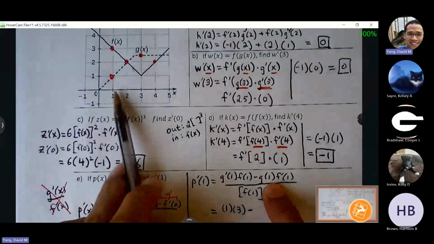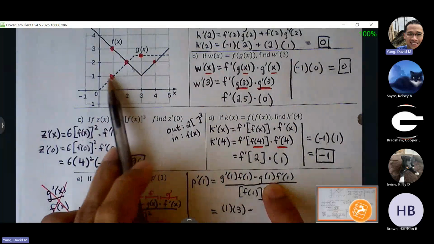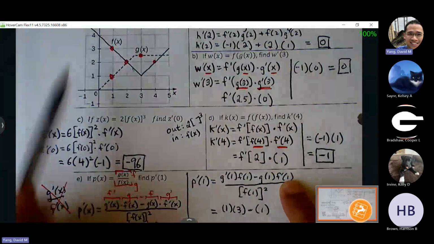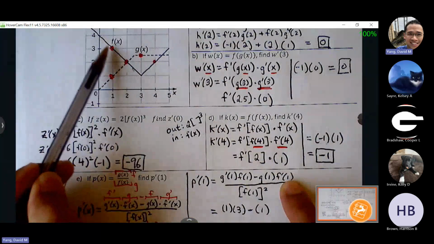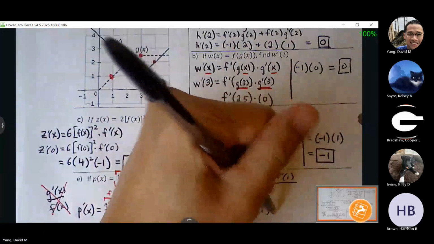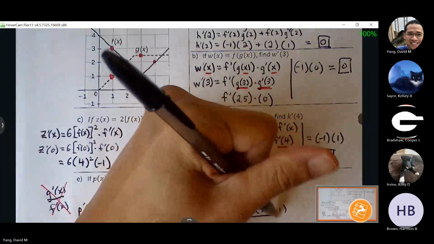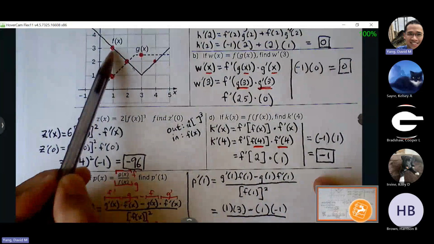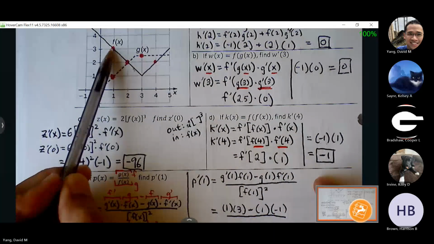Back to g(1). g(1), the y value there is 1. f prime of 1, the slope of the f graph at 1, negative slope, down 1 over 1, negative 1. f(1) squared, so here's my f(1). f(1) is 3.